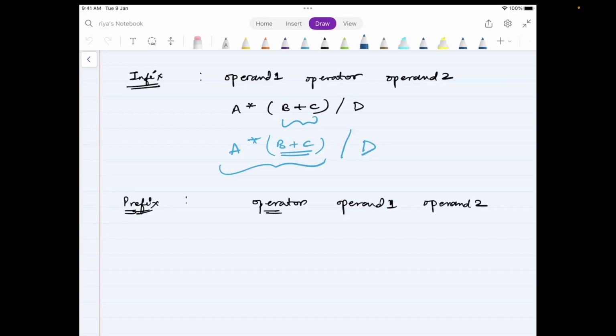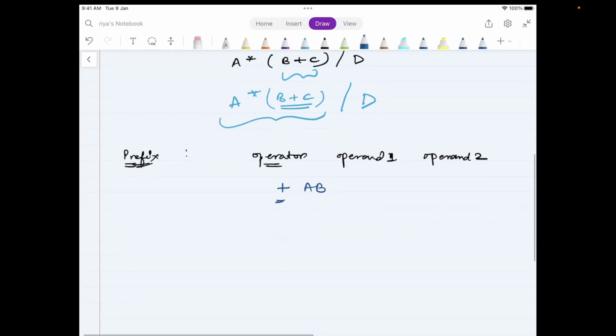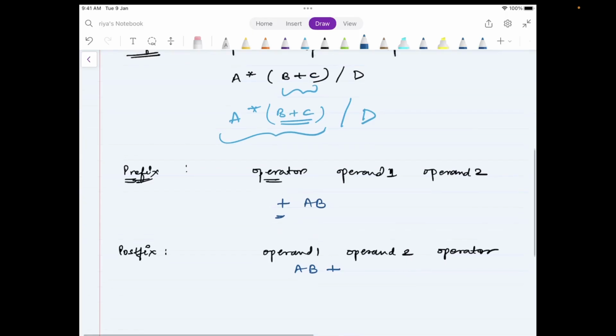So if A plus B is what you write, here it will be plus AB, because the operator will come first, then operand 1 and operand 2. After that we have postfix, and I think with this you will understand what I'm trying to do. You have operand 1, operand 2, and then the operator. So this is A, B and plus. So understand the overall idea over here.